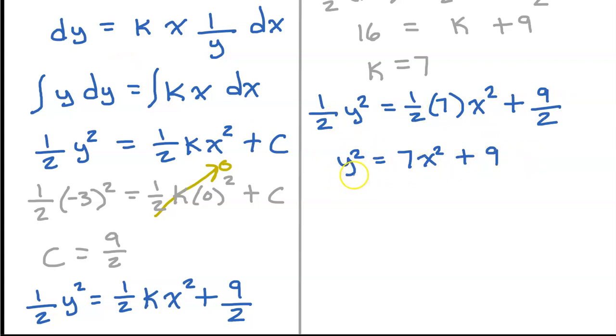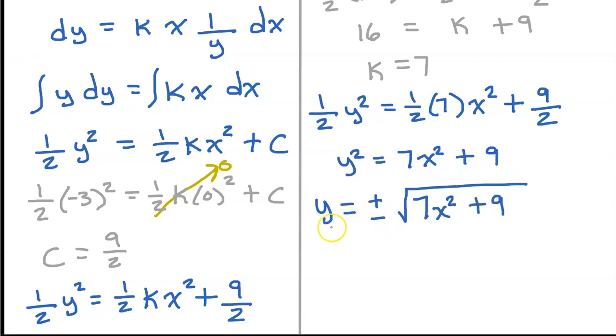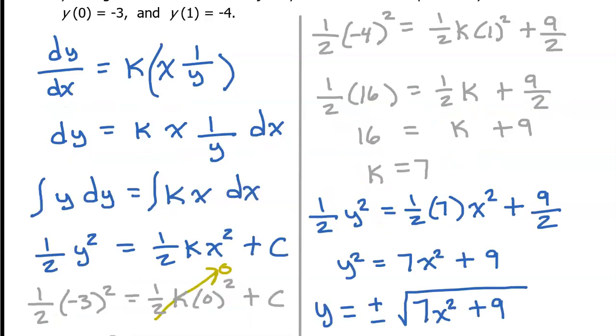We can get y by itself by taking the square root of both sides. I will temporarily put y equals plus or minus the square root of 7x squared plus 9, but only one of these is actually the solution. It will either be plus or minus. Let's use the initial conditions to decide. This first initial condition makes it obvious.